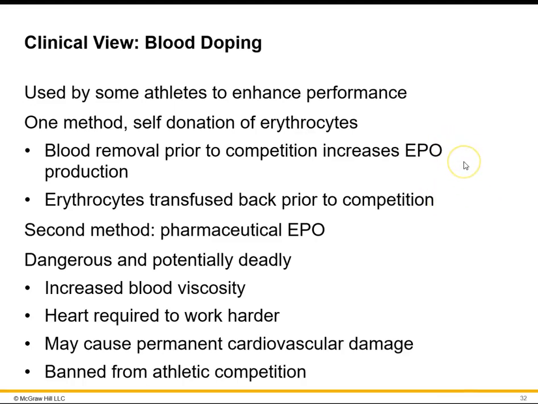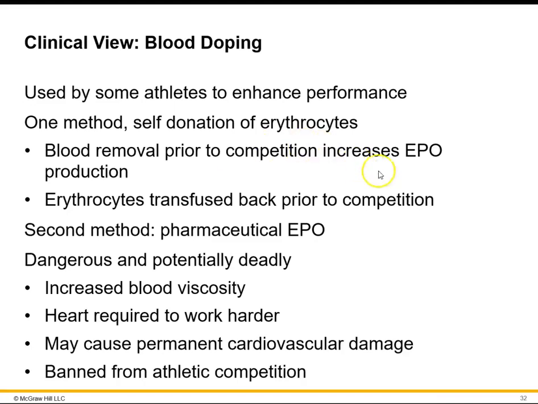Okay, so what the person is going to do is they get a pint or two removed from their blood, and then that's going to actually lower their oxygen carrying capacity, and that's going to stimulate those kidney cells to start secreting EPO. Okay, so now they're making red blood cells again.